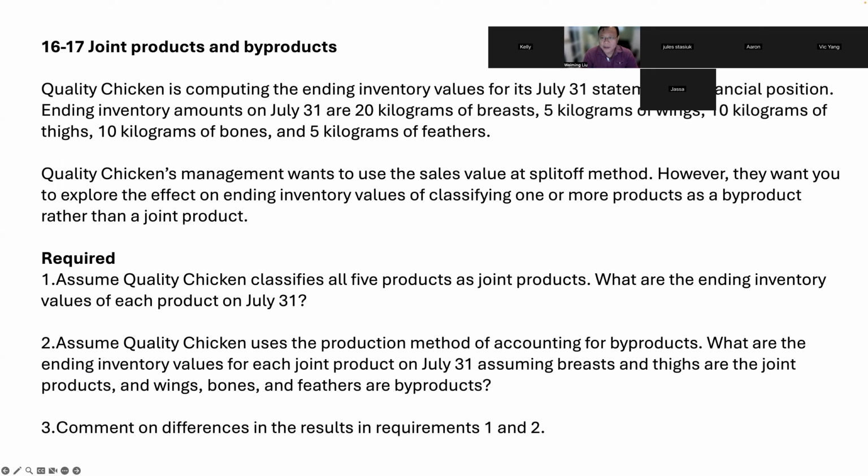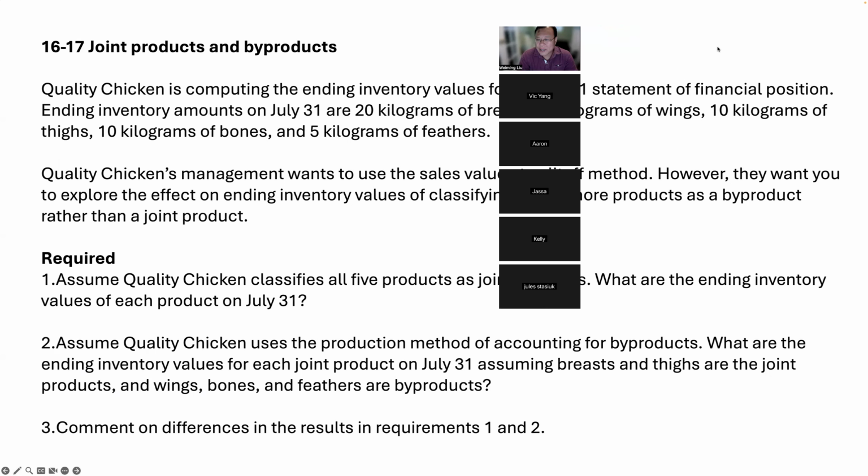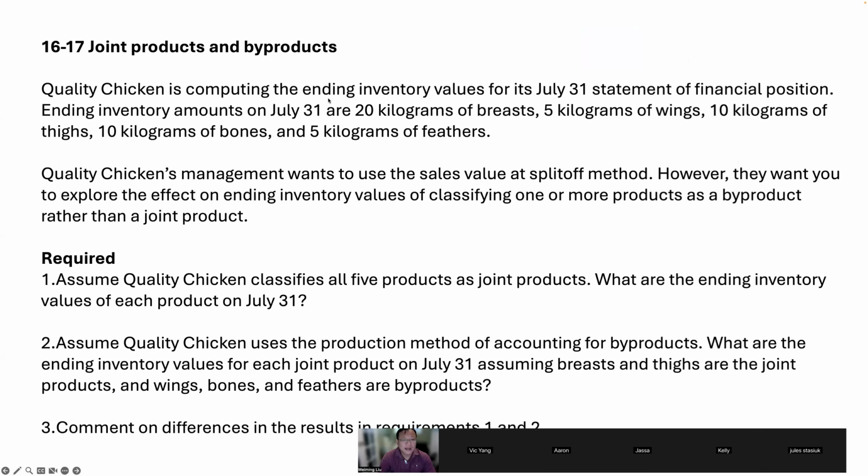So the next question is the same. I think it's related to 16-16. So this is still the same question. You have this company computing the ending inventory value for its July 31st statement of financial position.